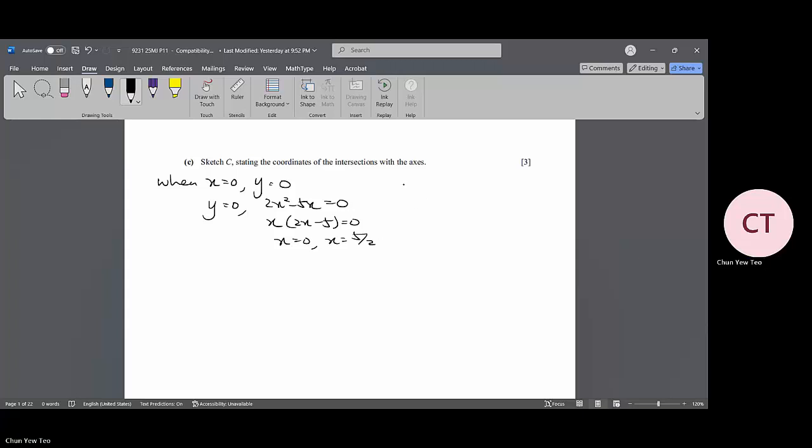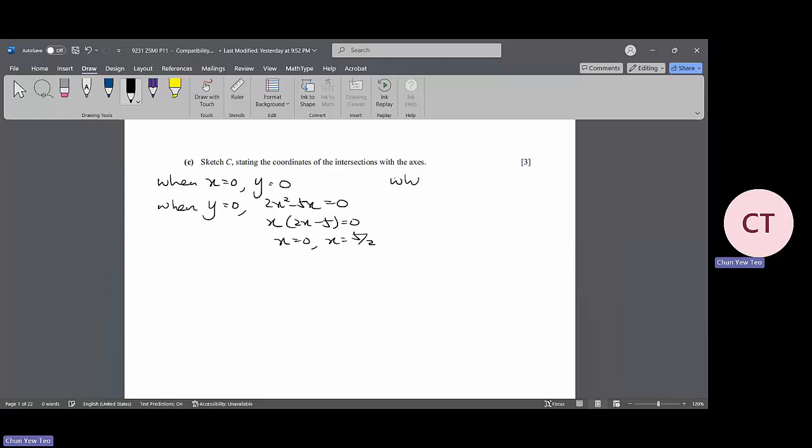Okay, so this is your x-intercept and the y-intercept. We still need to test one more thing to check whether there is any intersection between the horizontal line and the curve.